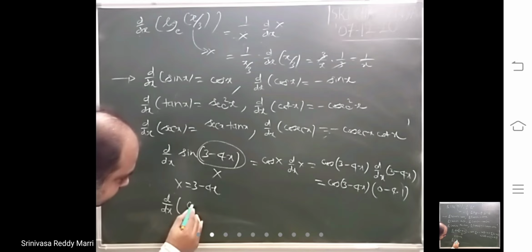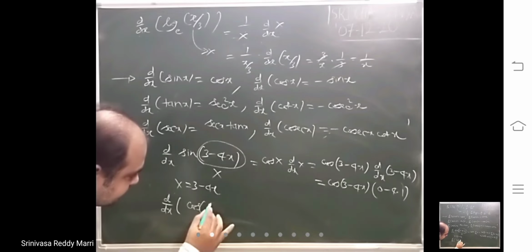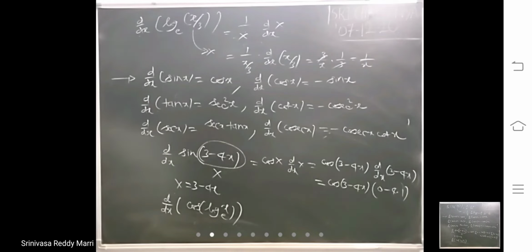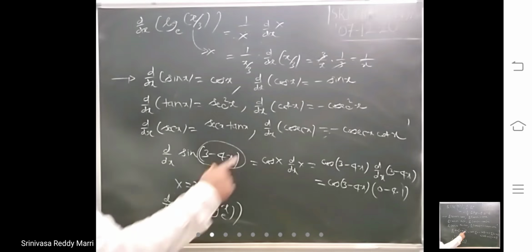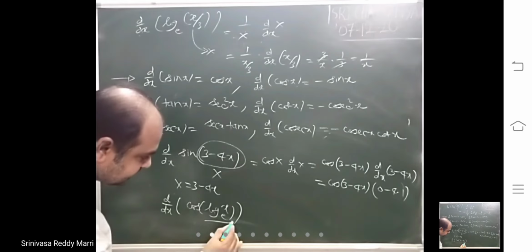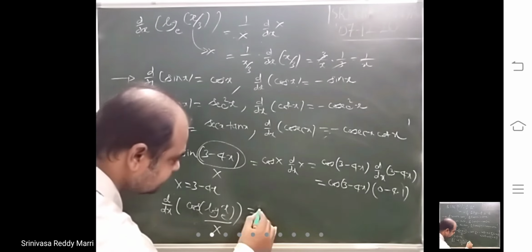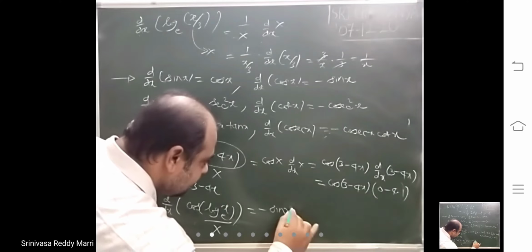Look at the next one, d by dx of cos of log x to the base e. We have the rule; in every problem, look at the first function. What is the rule for cos x? This is the one, but x is not there. Take log x as capital X. So what is the formula?